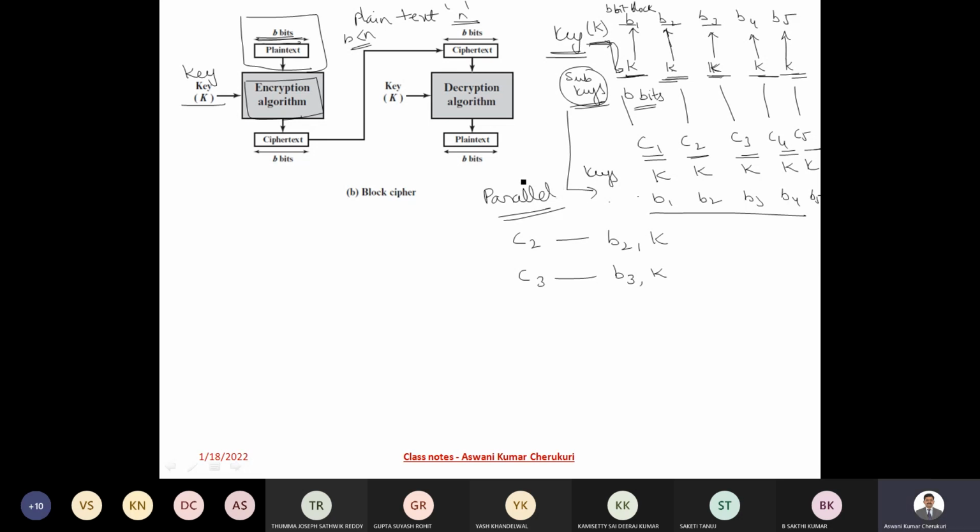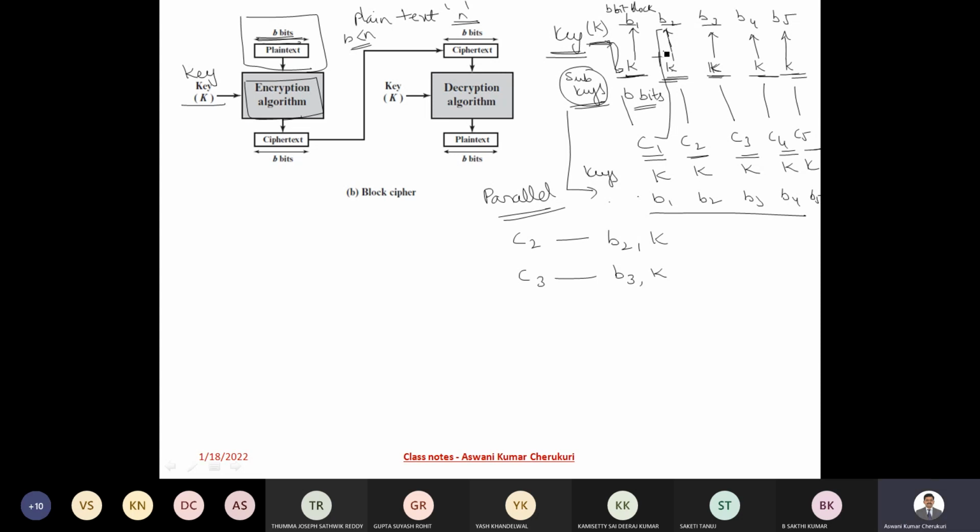Now, in the same block cipher, you have one more principle where I take the first block, apply the key and generate the ciphertext C1. Now I have the second block of plaintext. In order to increase the complexity of the encryption, that means to provide more security, I am going to combine this C1 with B2.